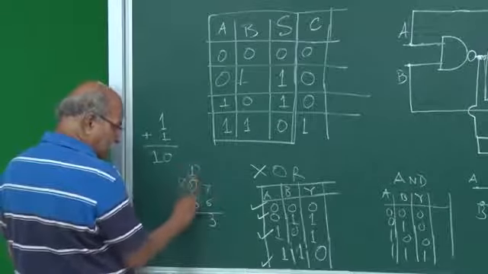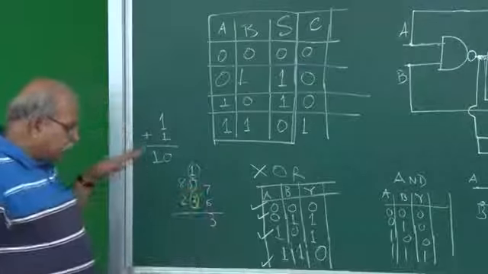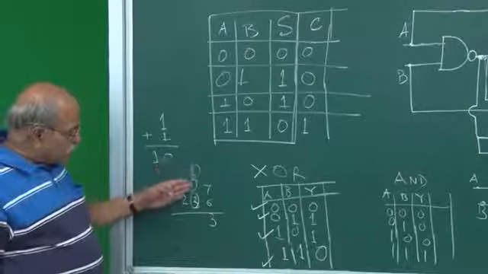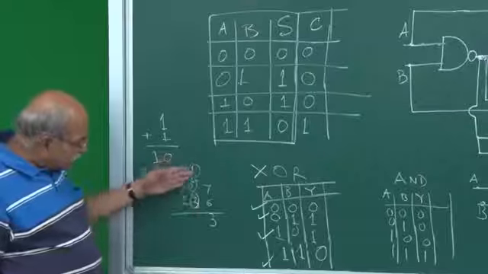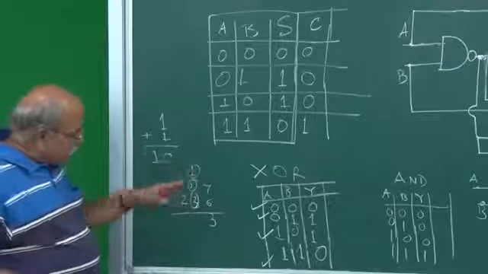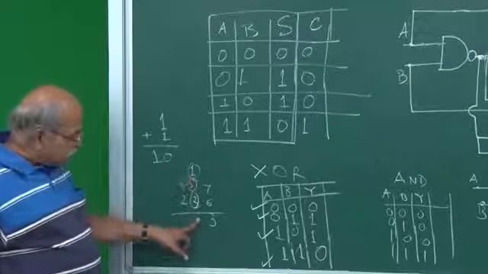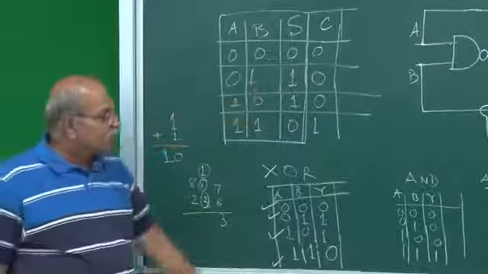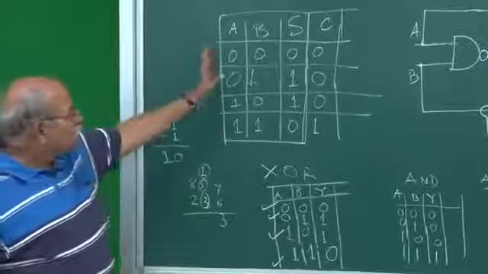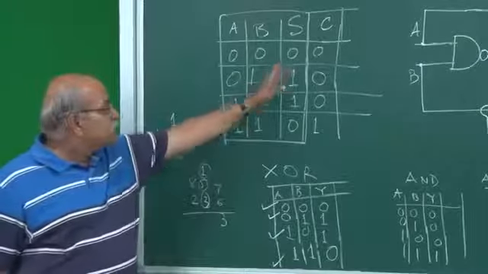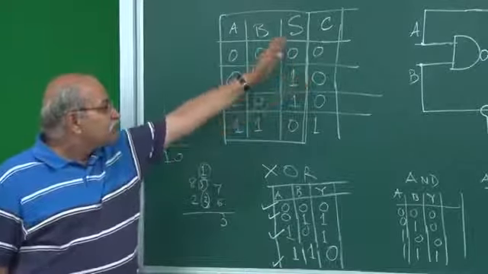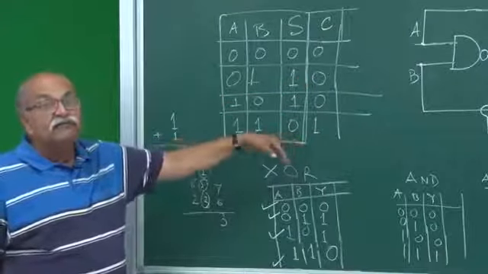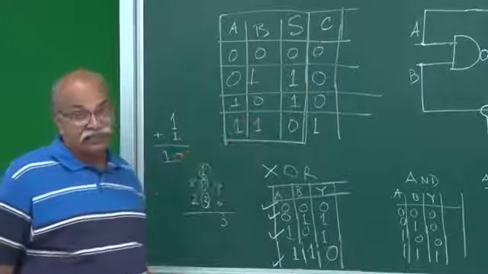Now you have to add all these three. So the full adder means there are three inputs A, B and C, and some operations are done, and then a sum is created and a carry is created. So this is known as a half adder circuit, and if I do a sum of 3 digits and then find what is the sum, what is the carry, then it is called a full adder circuit.